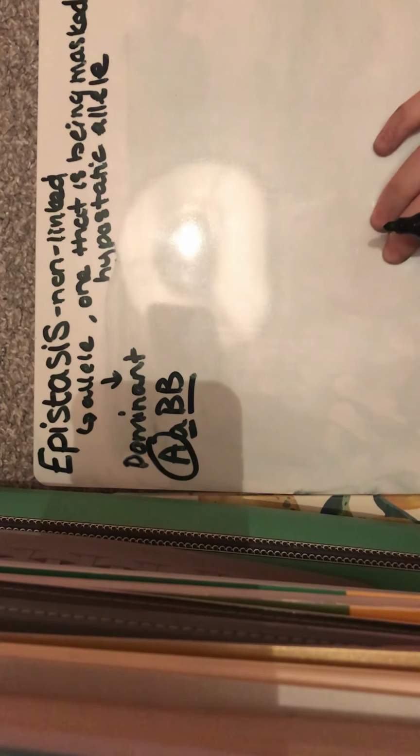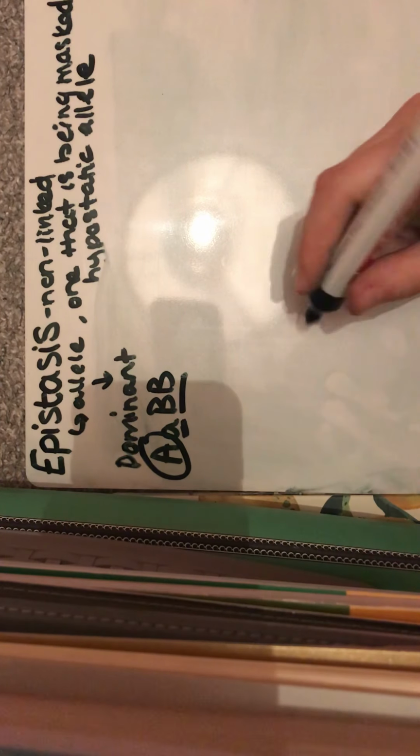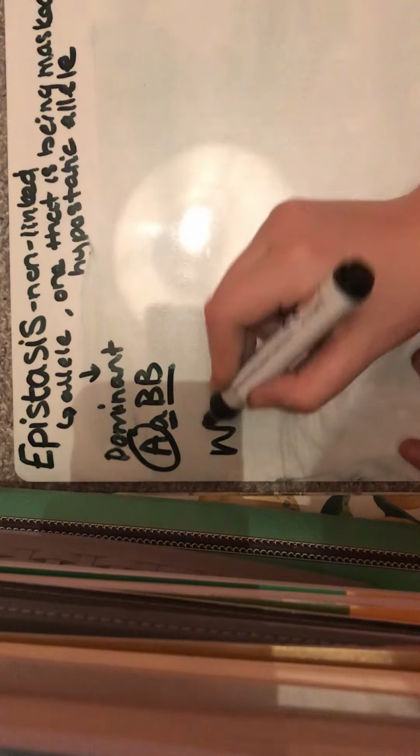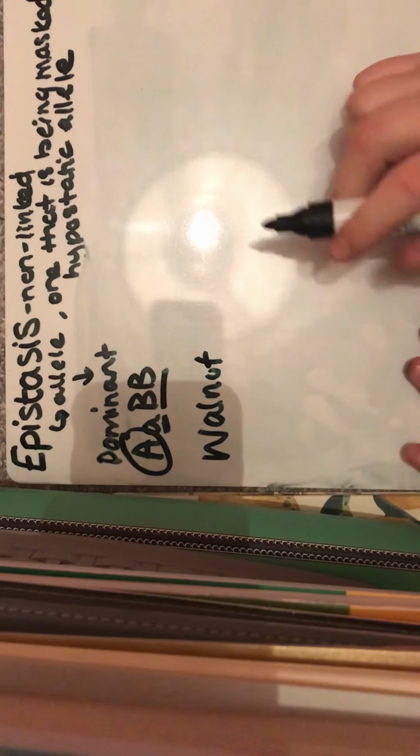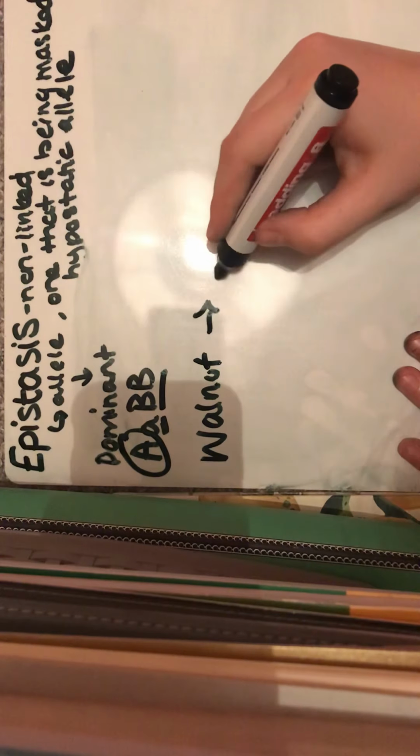Okay, there's lots of different examples, but I'm just going to whiz past that. There is a way that they could express it in exams. I'm just going to mention quickly because I don't want to get confused if this comes up. If we're looking at combs of chicken, whether it be a walnut comb, rose comb, pea comb, single comb, etc. For a walnut comb, the genotype is represented like, oh sorry, that's wrong.